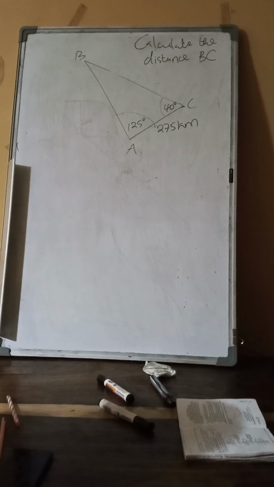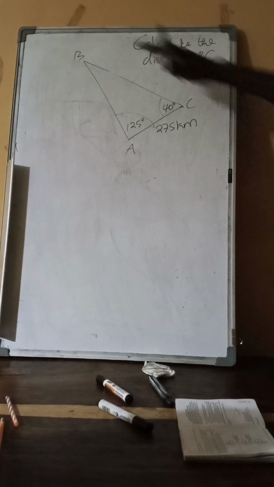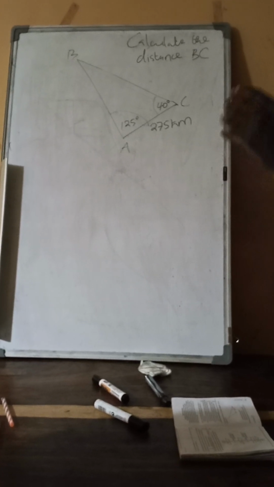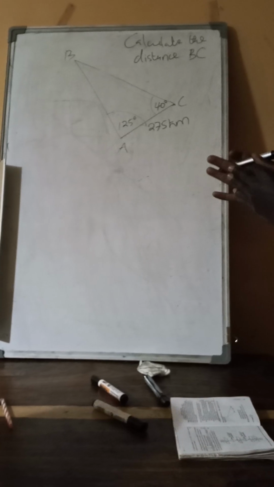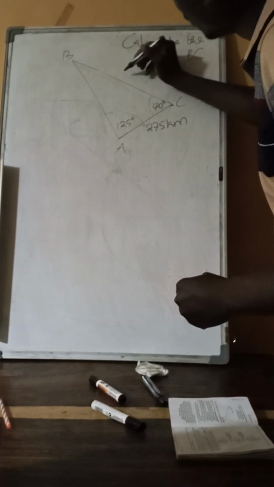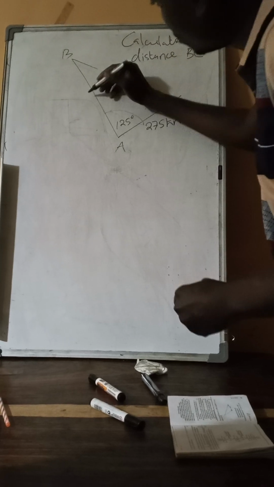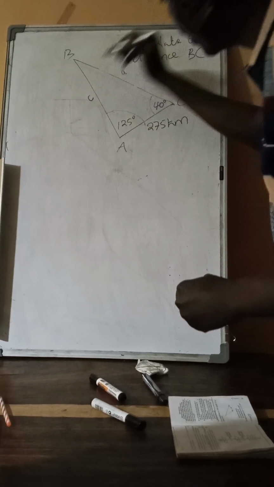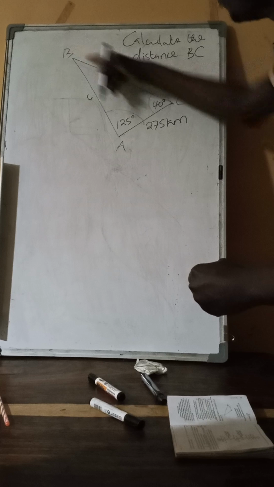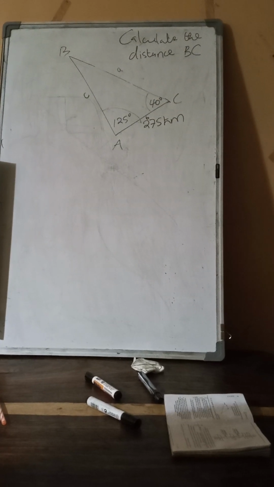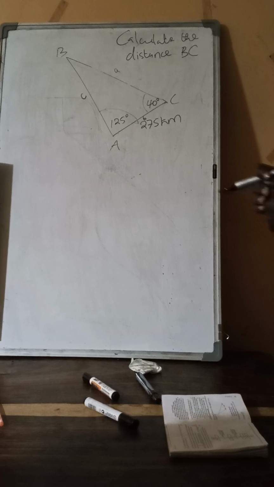Calculate the distance BC, this side. Now, before you start answering a question in trigonometry, the opposite of this angle will be called small letter a. The opposite of C, this side AB, will be called small letter c. The opposite of B, this side, will be called small letter b. Are we together?